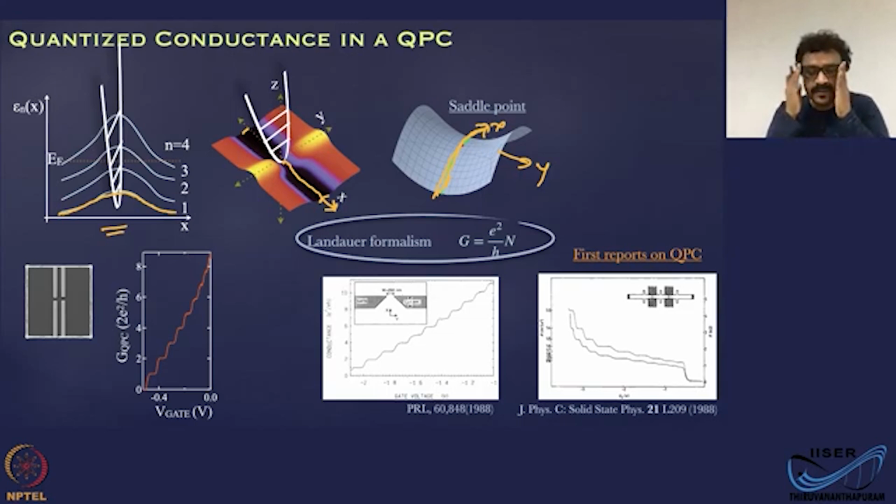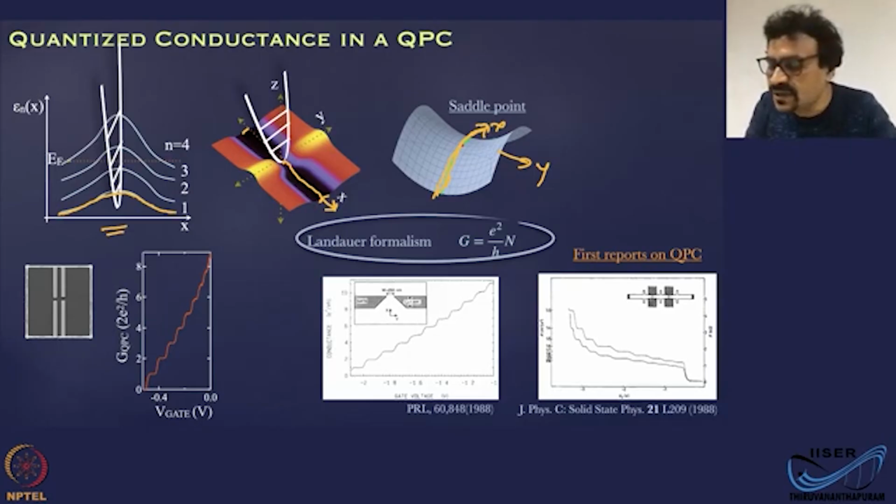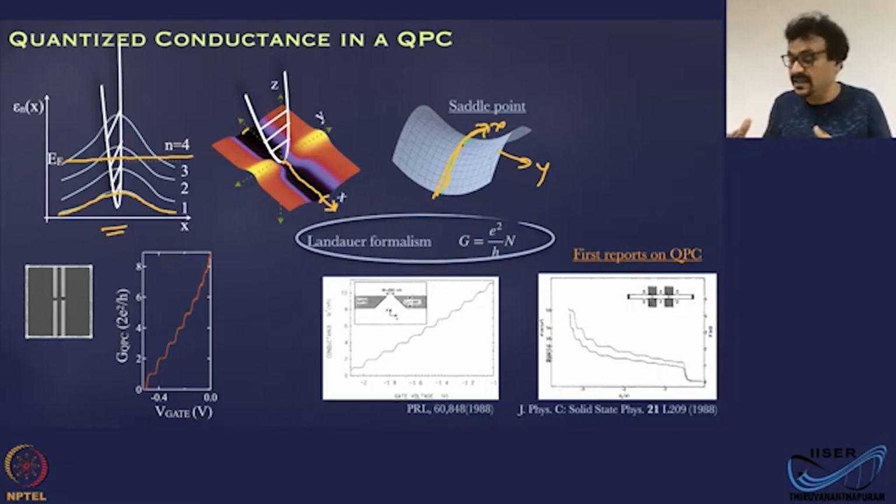So when you push the parabola up, you will push the levels gradually up with respect to the Fermi energy that is shown here. The number of levels or subbands in the channel available for transport depends on the gate voltage.